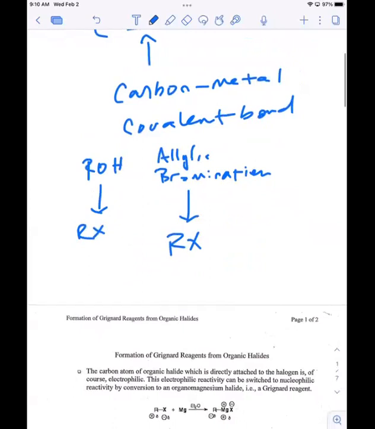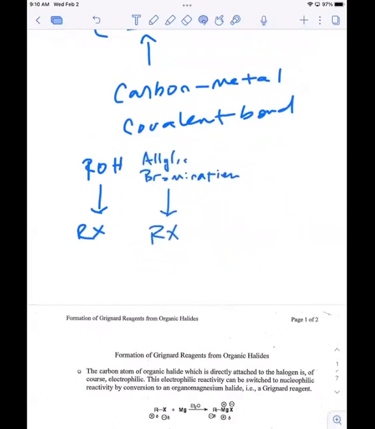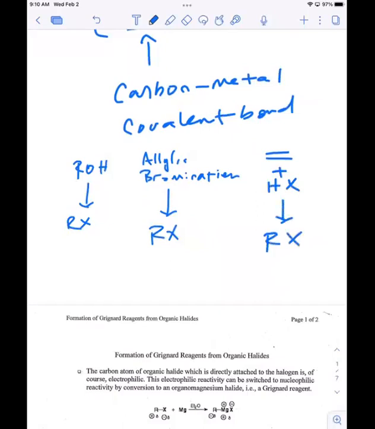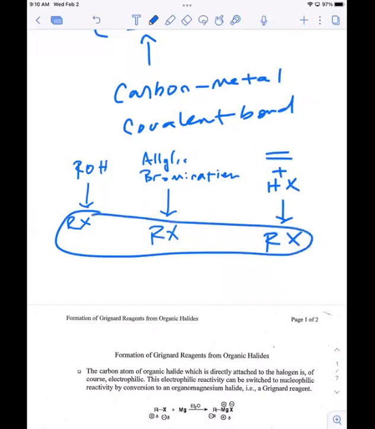And then we also did in part one, I'll shrink that down some, when we talked about, let me just draw it out, alkenes plus HX. All of these are ways to make alkyl halides.